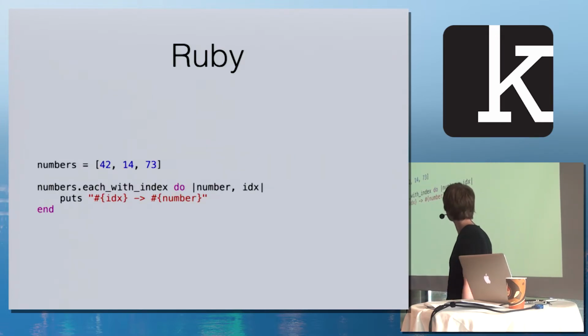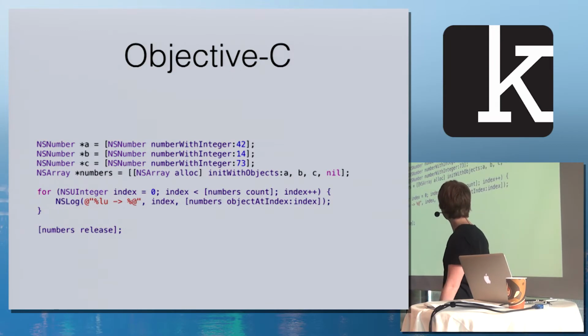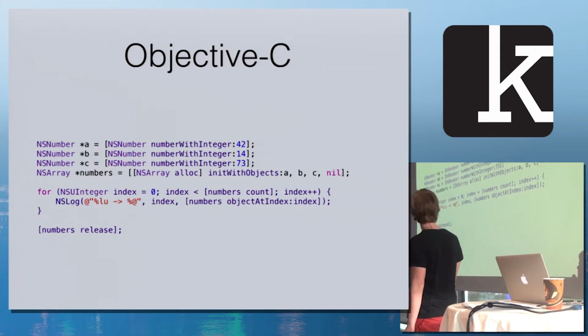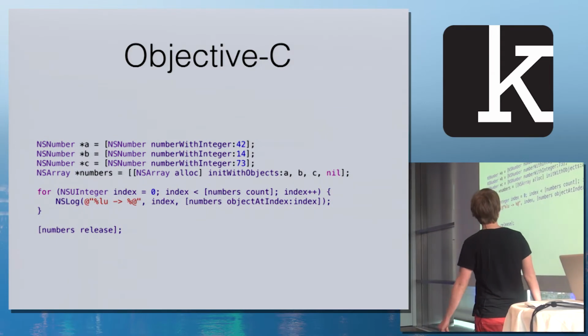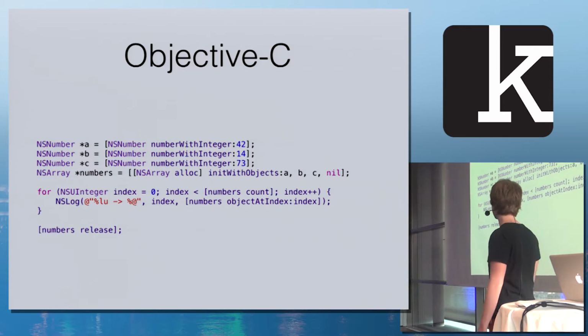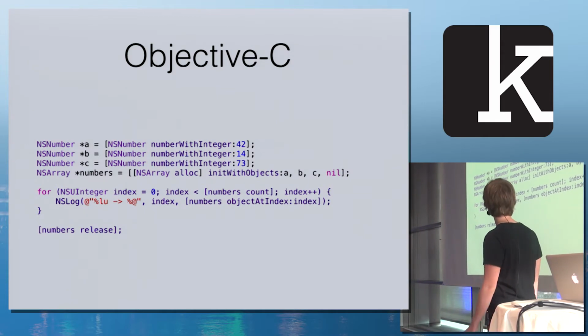So here we have some simple Ruby code, a simple array, and we're going to iterate over it and print out a string. And this is how it looks in Objective-C. Actually, I'm just kidding. This is what people think it looks like in Objective-C, because that's how it looked 4 or 5 years ago.